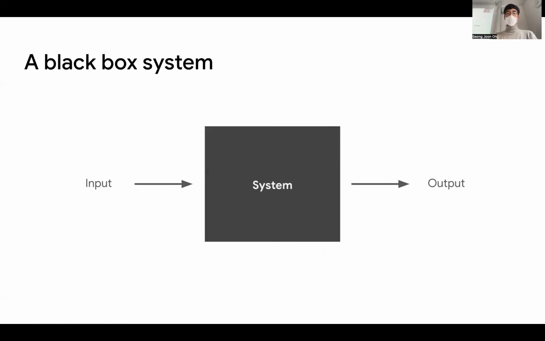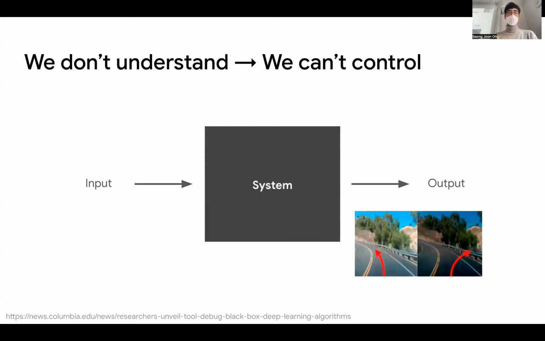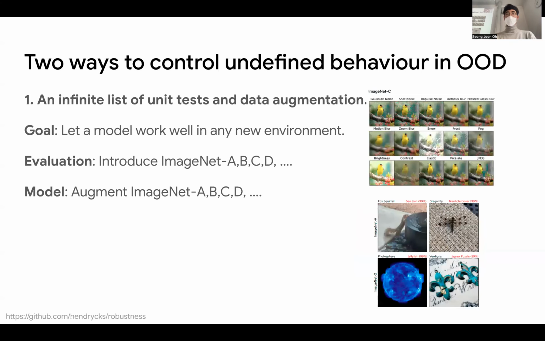So it's very important to know exactly what's happening in the system to do some control. When we have a black box system that we do not understand, for example, we do not understand why a self-driving car is following the road in this case, but not following the road in the other case. So we don't have very good control to fix this kind of system that's not working.